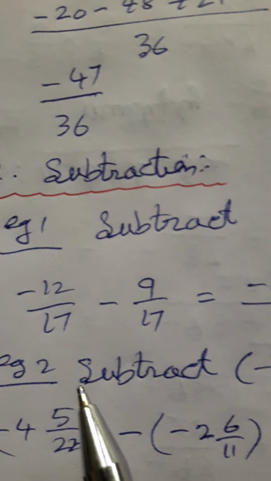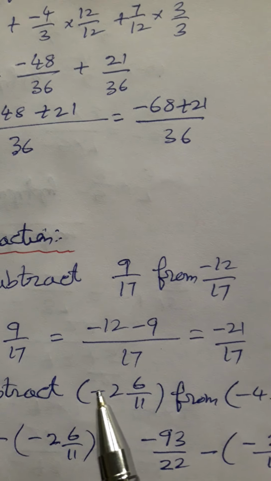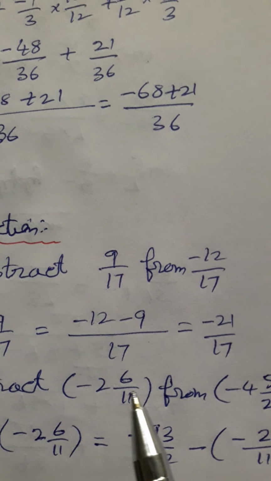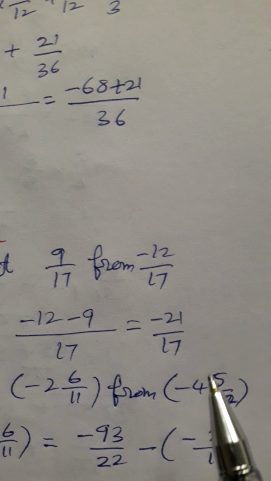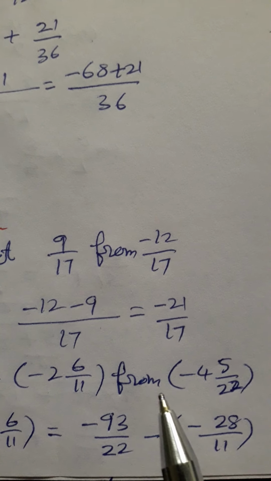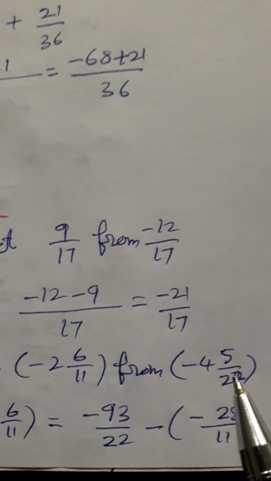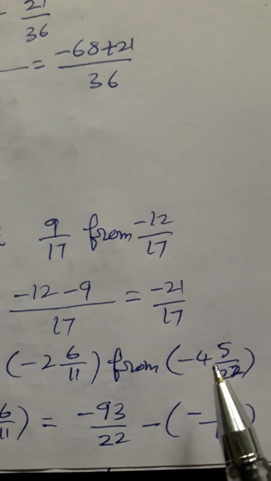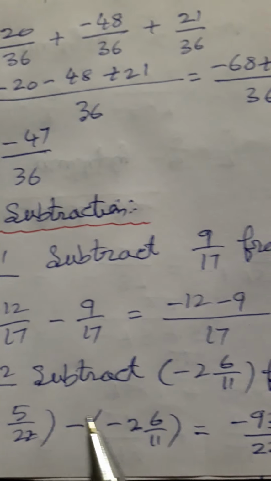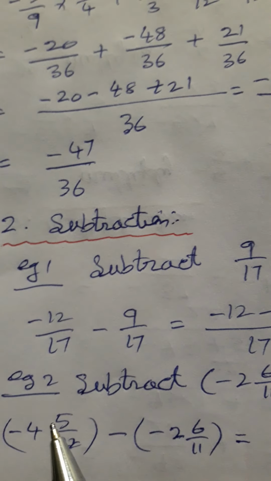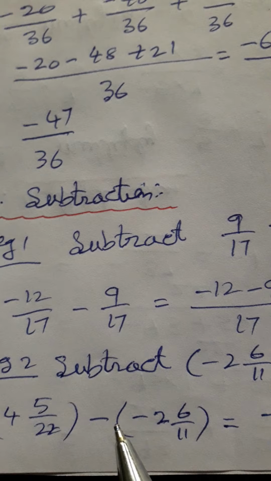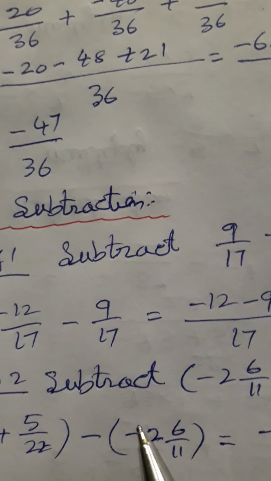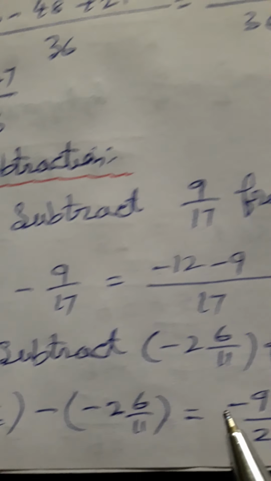The next example is subtract minus 2 into 6 by 11 from minus 4 into 5 by 22. From minus 4 into 5 by 22, so first we take that fraction. After taking, we get minus 4 into 5 by 22 minus of minus 26 by 11.